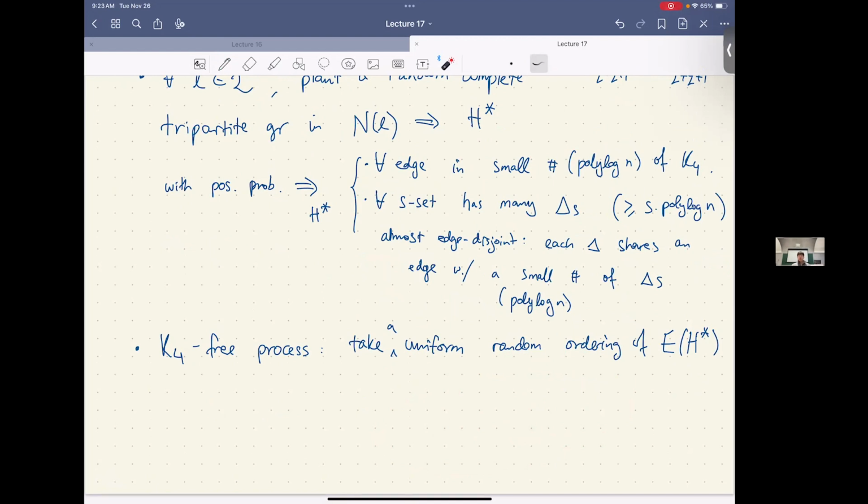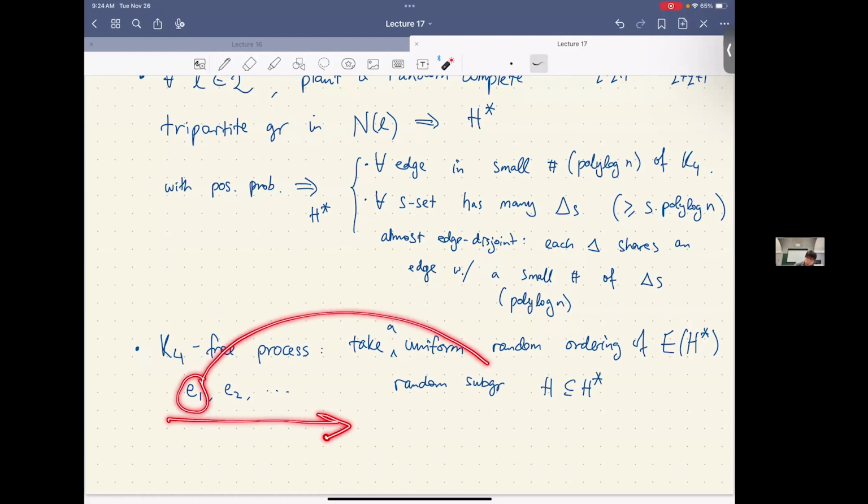So the edges come in order. Now what we do, along the order E1, E2, is take a random subgraph of H star. Let's call it H in H star. How do we get it? You go along this random sequence of edges, E1, E2, E3. You throw it into H as long as it does not create a K4.